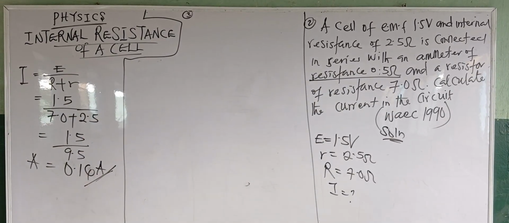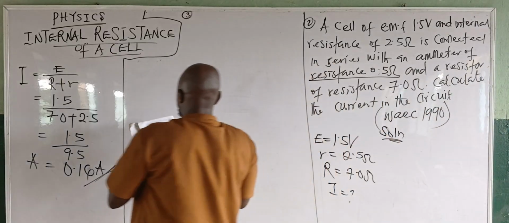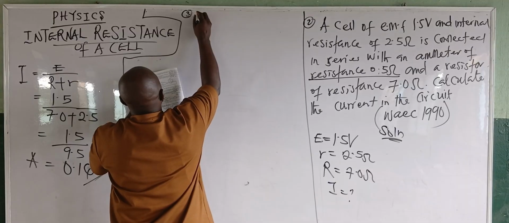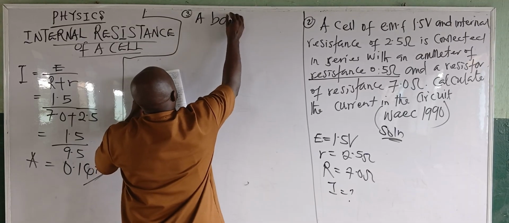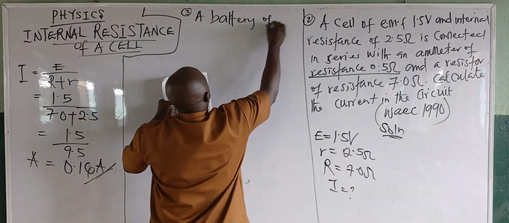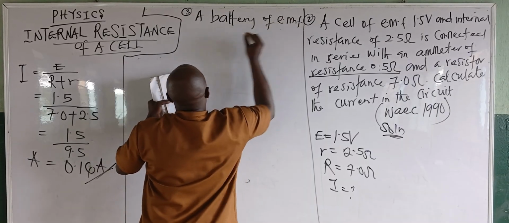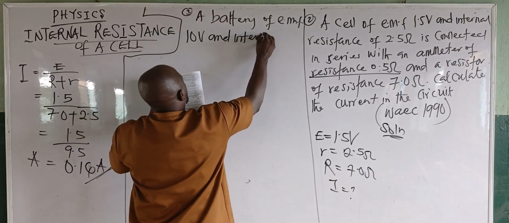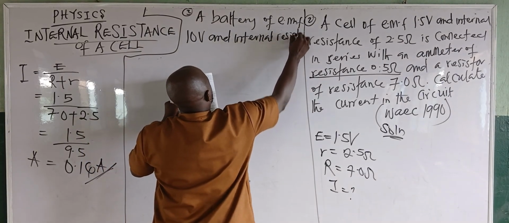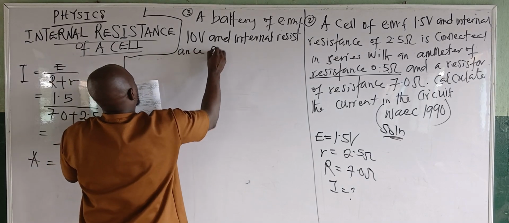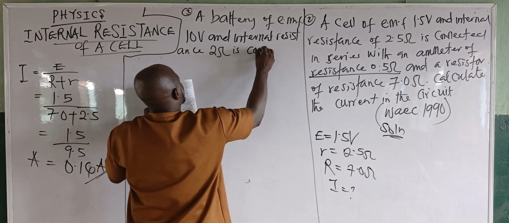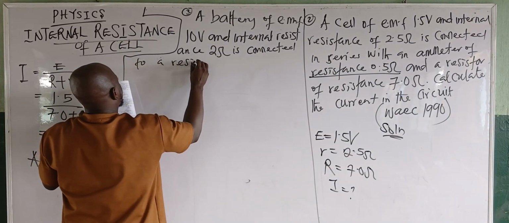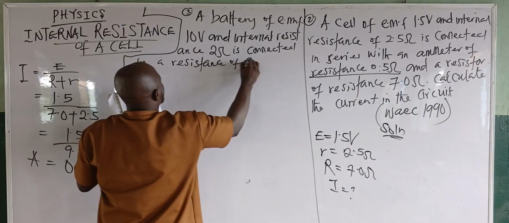We are told that a battery of EMF 10 volts and internal resistance 2 ohms is connected to a resistance of 6 ohms.